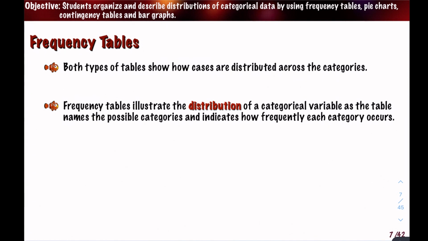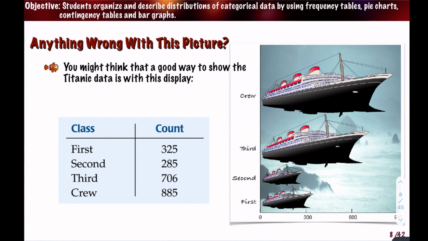With frequency tables, both types of tables show how cases are distributed across categories. That's why we call this categorical data and not qualitative data. Do not use that word, please. Frequency tables illustrate the distribution of a categorical variable, as the table names the possible categories and indicates how frequently each category occurs.